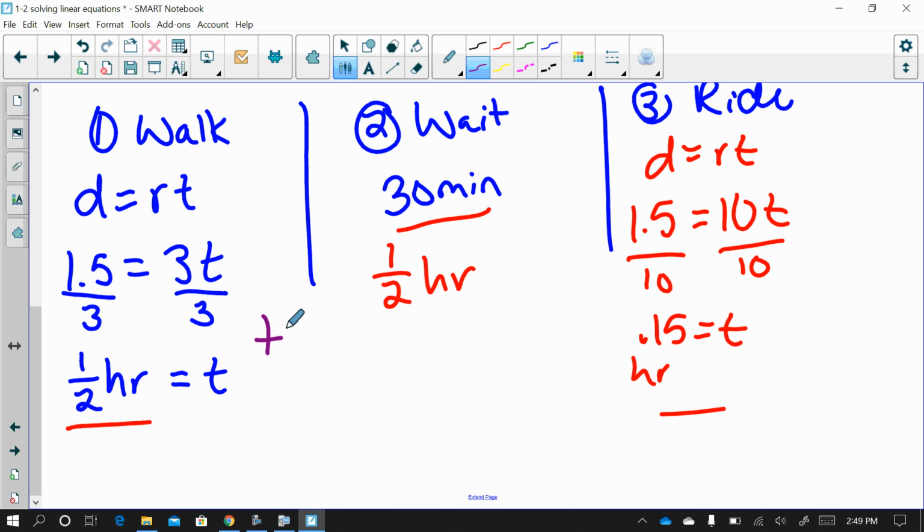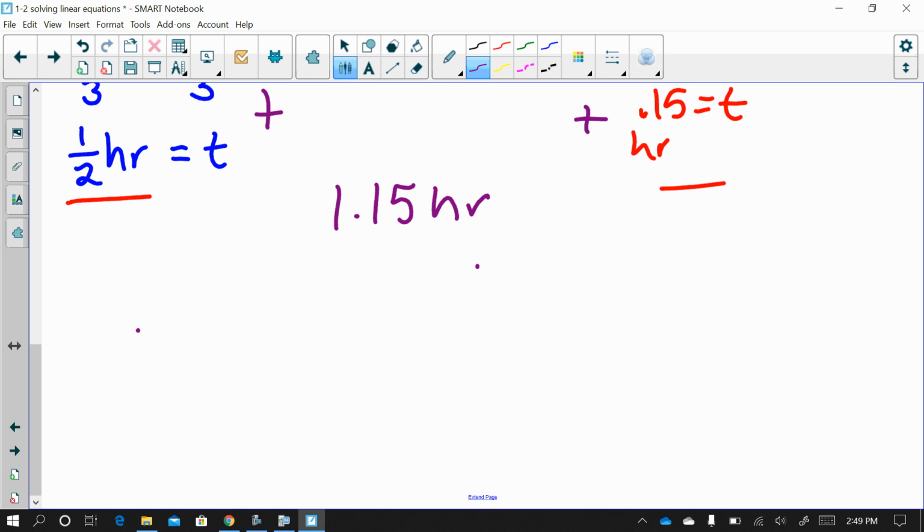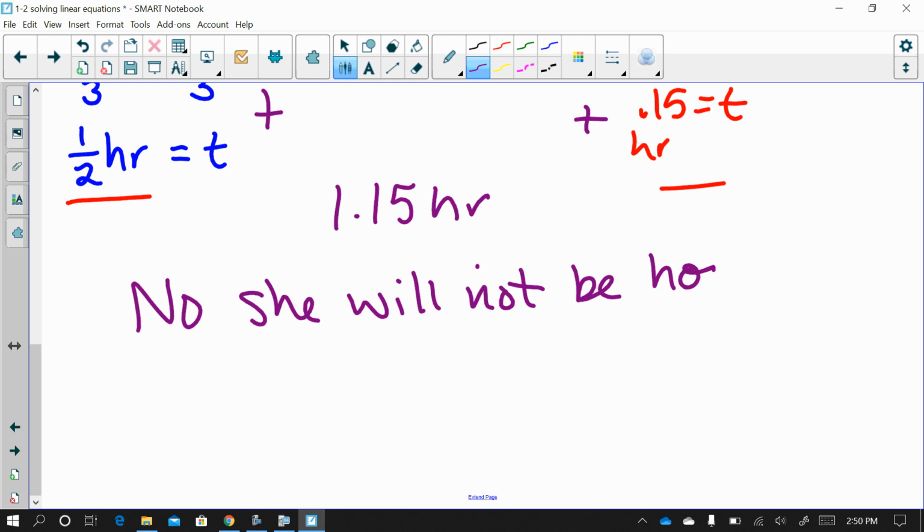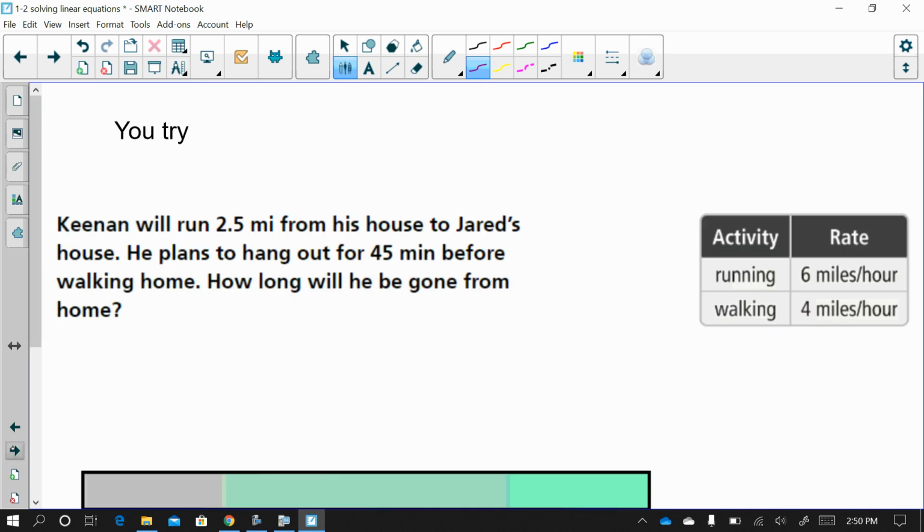So if I add these 3 things together, 1/2 plus 1/2 is 1, plus 0.15. So I'm really gone for 1.15 hours. Will she be home in an hour? No, she will not. And that's the answer to that problem.